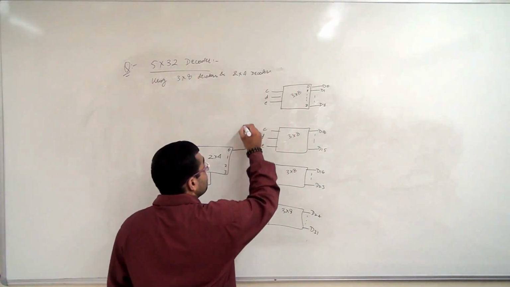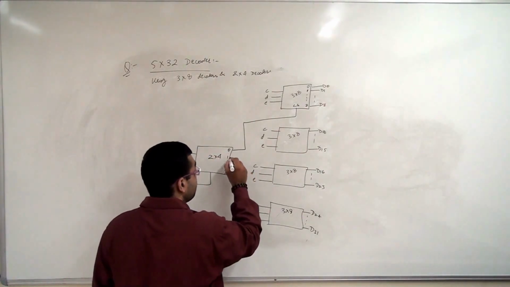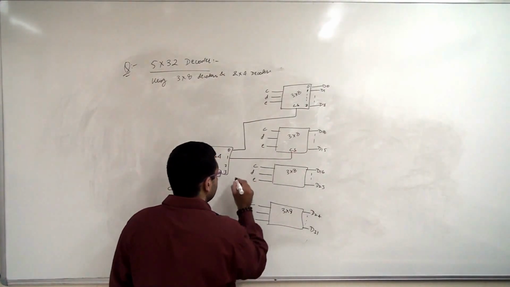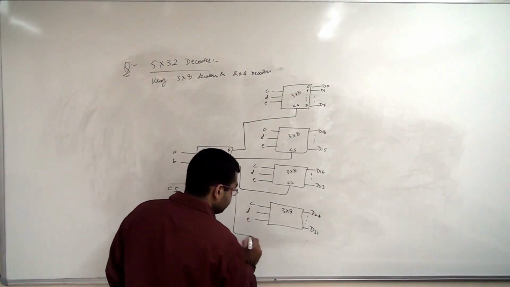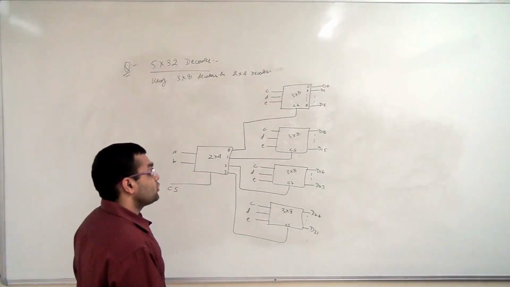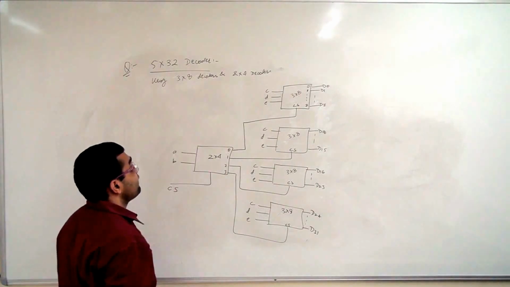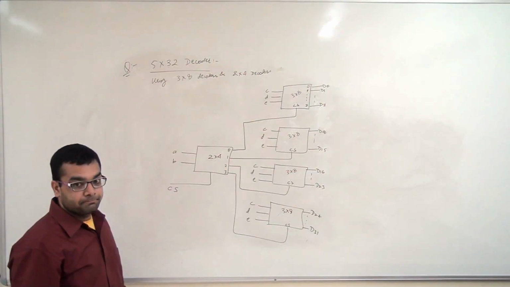Now these outputs will be generating the chip select signals for the respective decoders. This is how it will be going. So we have essentially designed our 5x32 decoder using 3x8 and a 2x4.